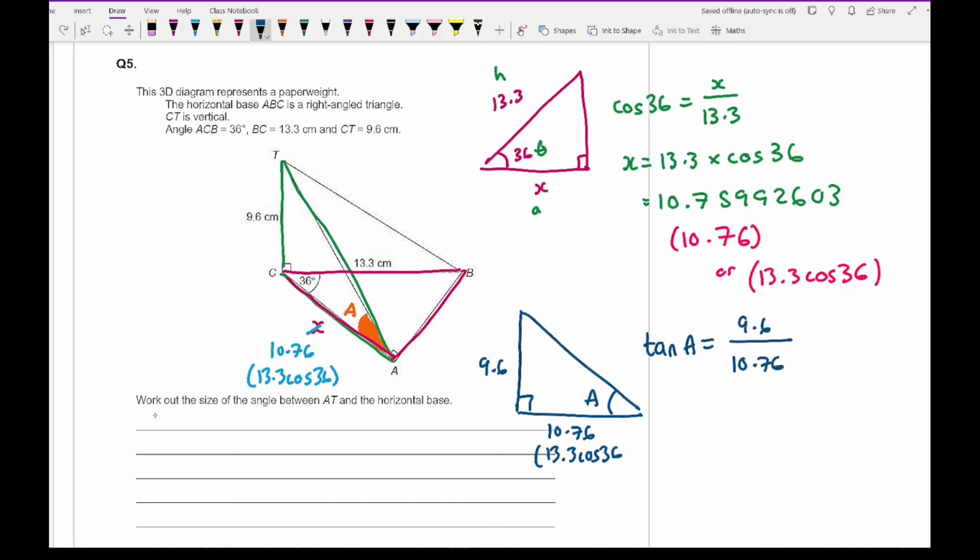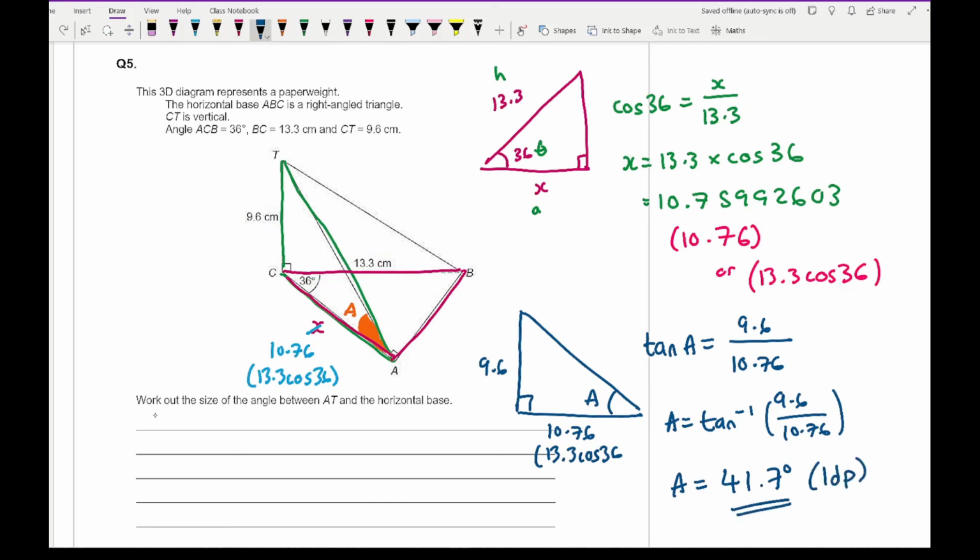So A is going to equal the inverse tan of 9.6 over 10.76, and if I type that into my calculator I should get an answer of 41.7 degrees, and that's to 1 decimal place.